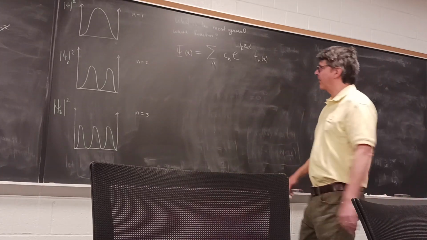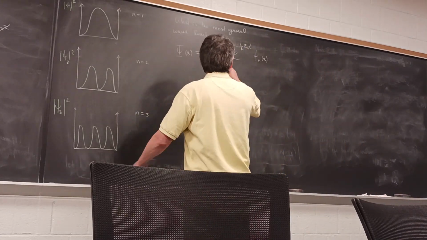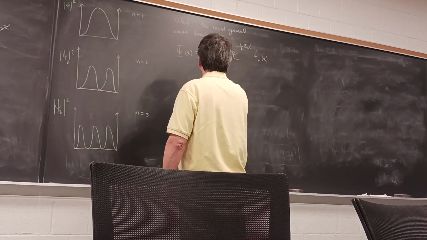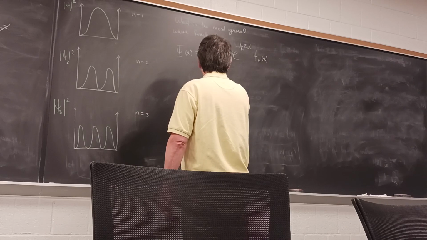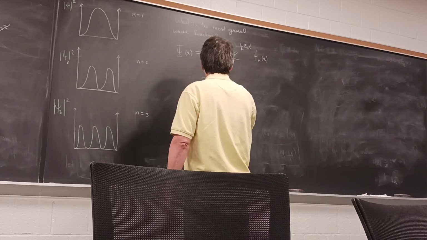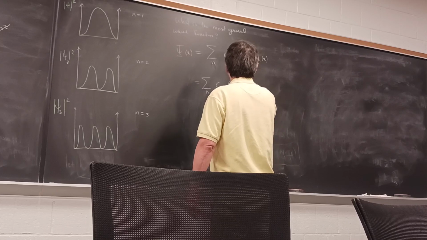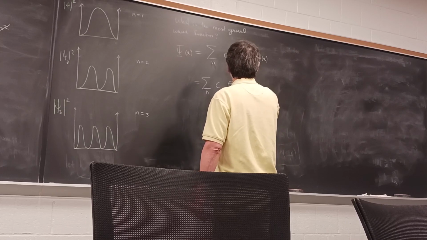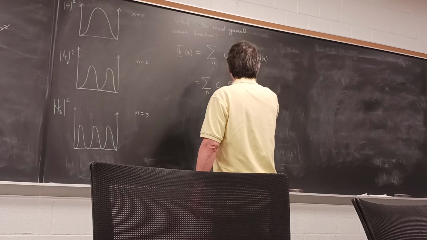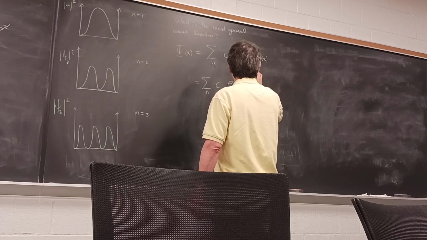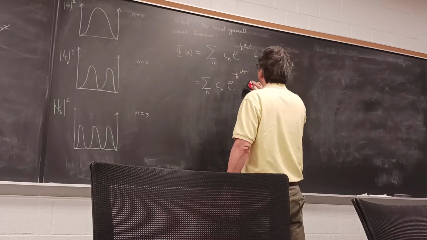Okay, so if I wanted to have a linear combination of states here that was not stationary, and we plug in for all of our numbers here, this would be n squared pi squared, let's see, the h bar would go away, right?